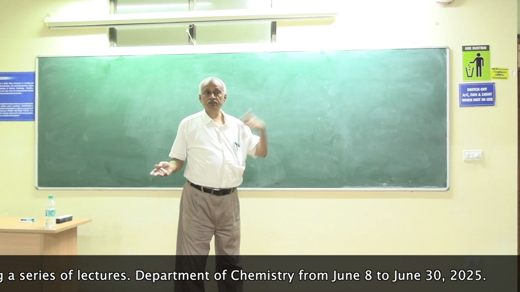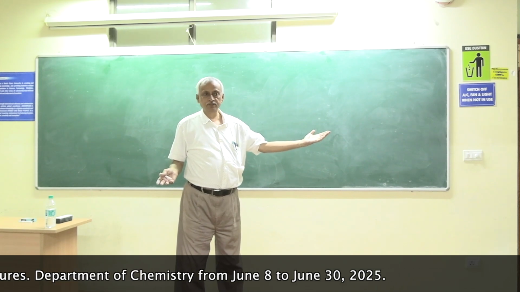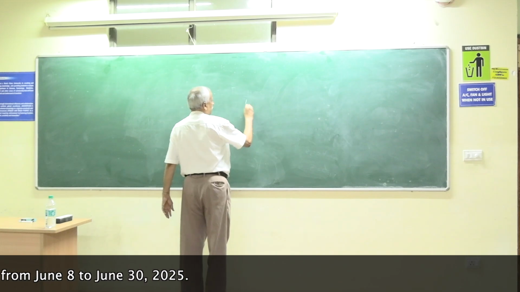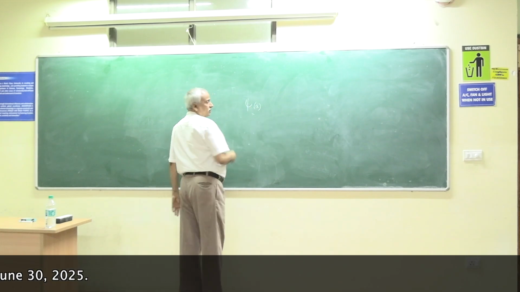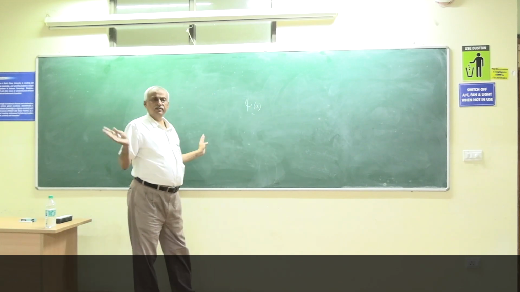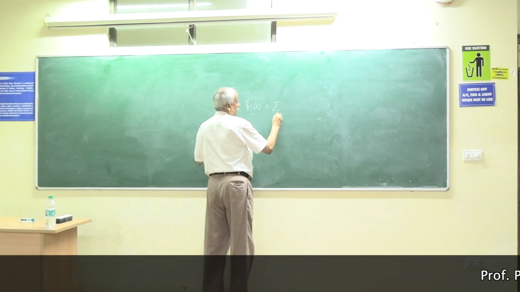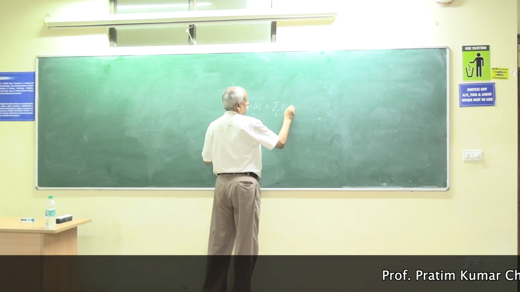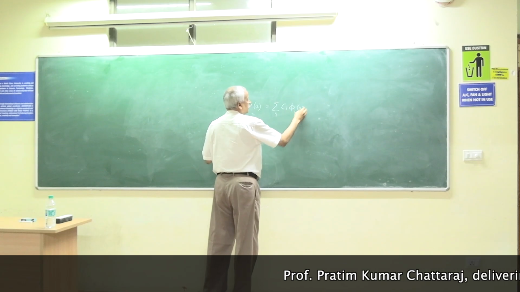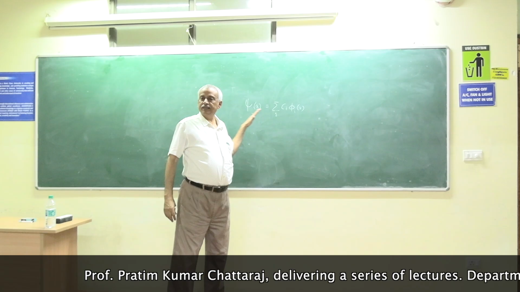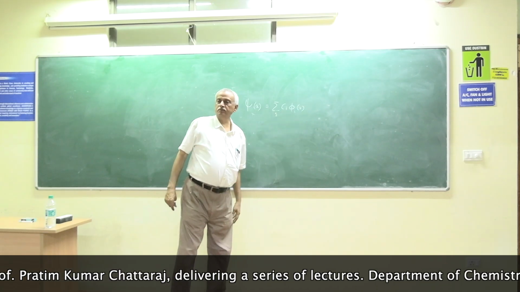You see, we use the same language as in the case of vectors. So suppose psi(x) is any arbitrary function. In principle, I can write this psi(x) as the sum over i of c_i phi_i(x). What does it mean? If I have a complete basis set, I can always write any arbitrary function as a linear combination of the basis functions.